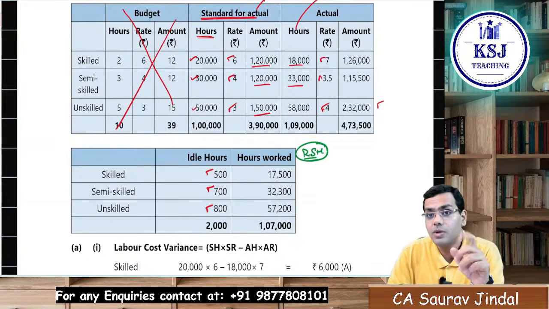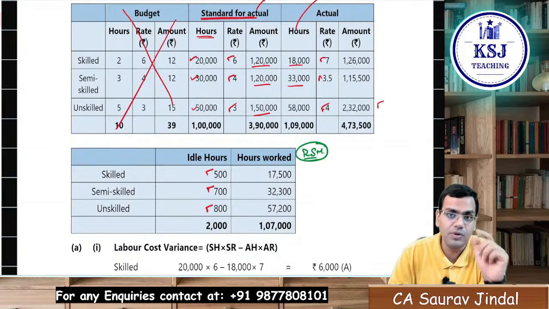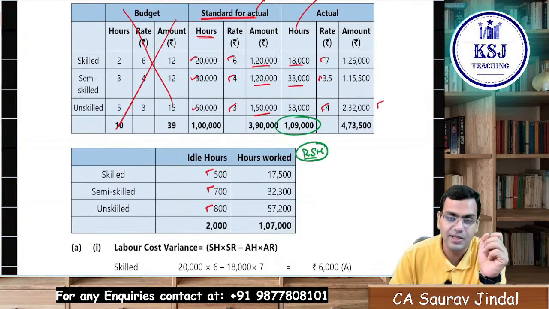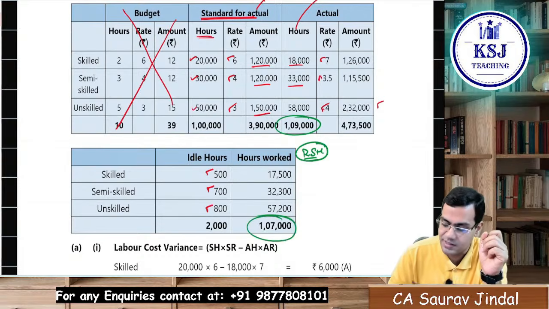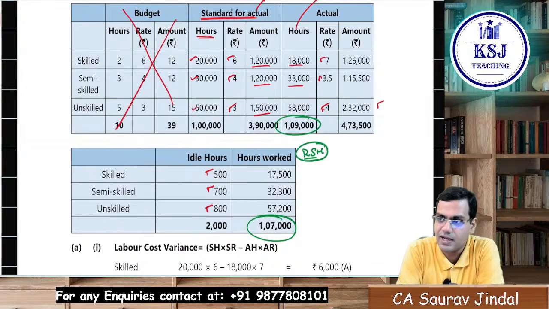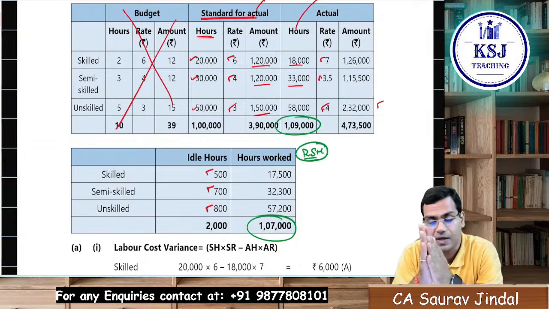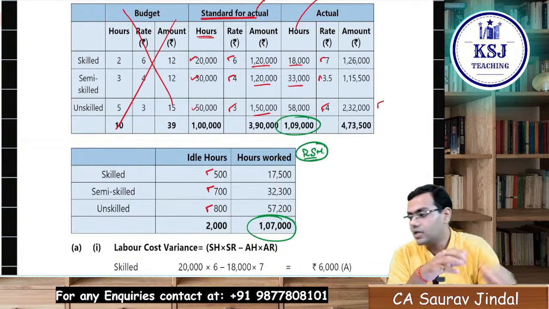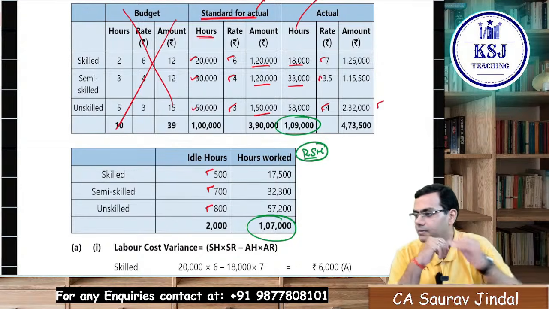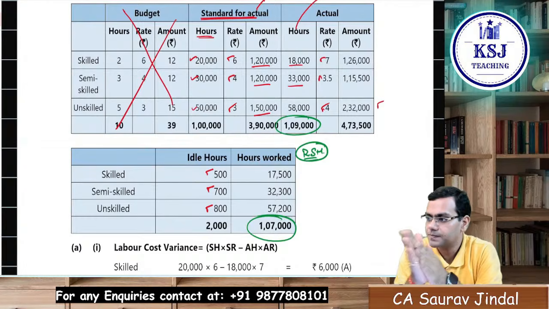I have to distribute the actual hours in the standard proportion, but which actual hours am I going to take, whether I should be taking 1,09,000 or 1,07,000? There are two actual hours that I have, actual hours paid and actual hours worked. So what should I take for the revised standard hours? I want to know this. Please let me know.